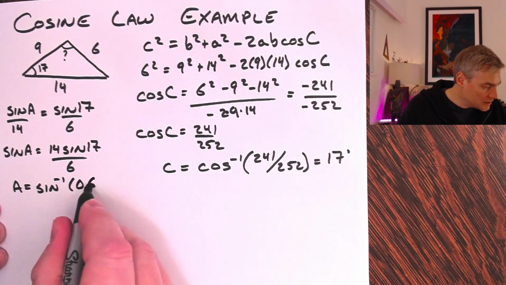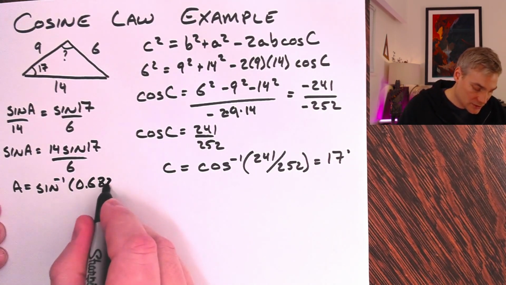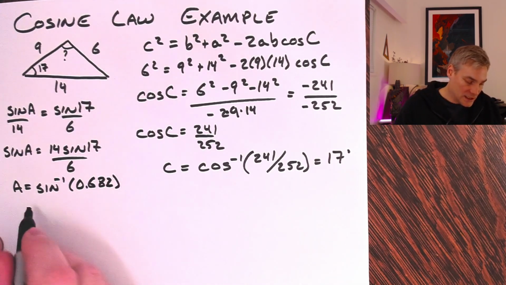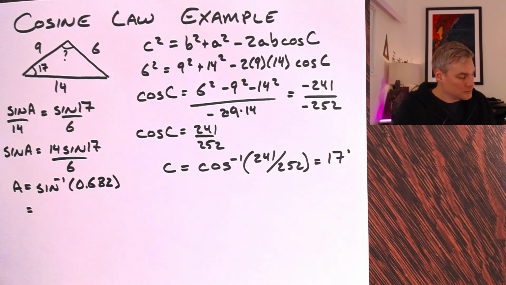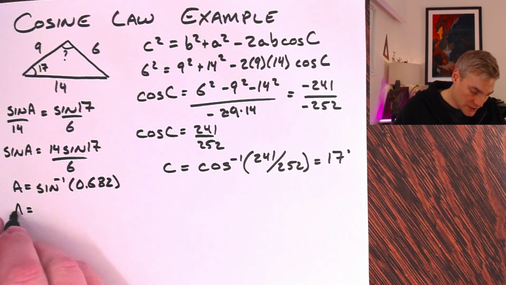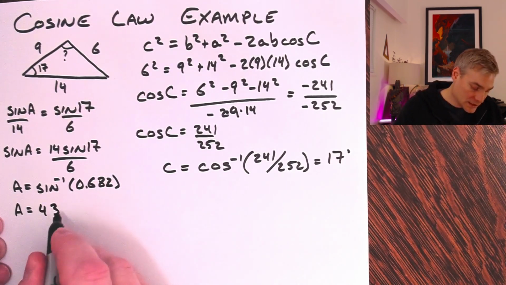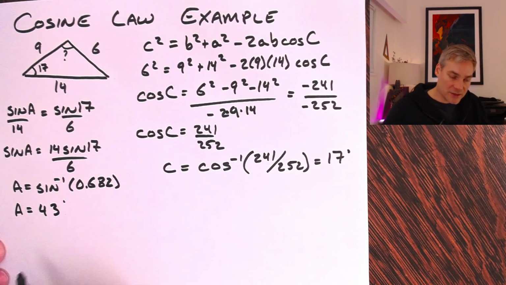which is 0.682. Now that equals 43 degrees. So A is now 43 degrees, and there's some rounding error.